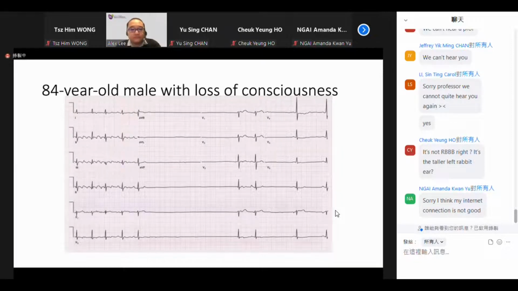This is an ECG of an 84-year-old male, which shows an irregular rhythm, and the P wave is not present.